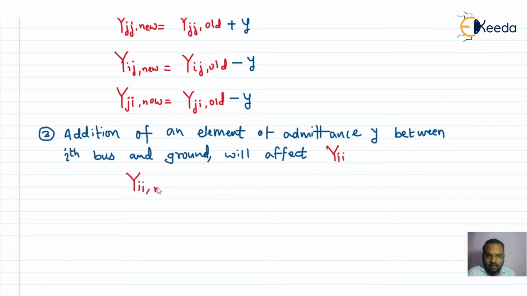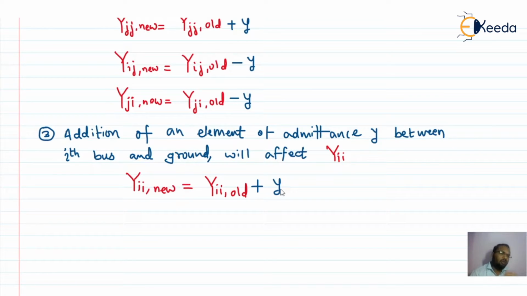That's the idea here. New value will be old value. Okay, of course, it is a self admittance or the driving point admittance, and add the admittance of the newly added element. Okay, so this is how it will modify the values.